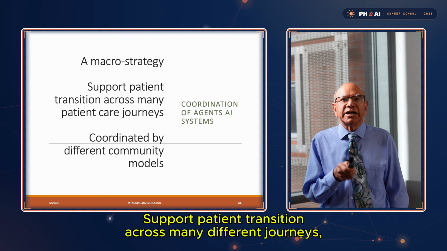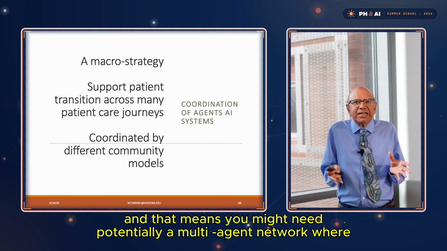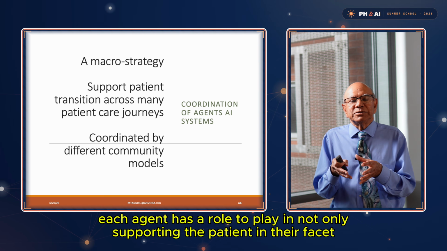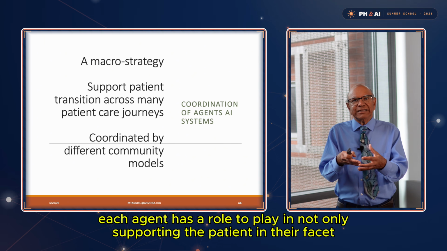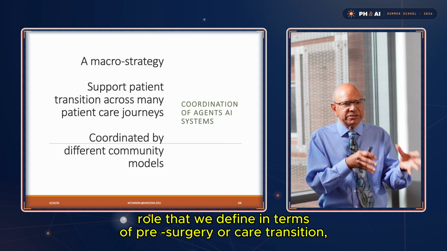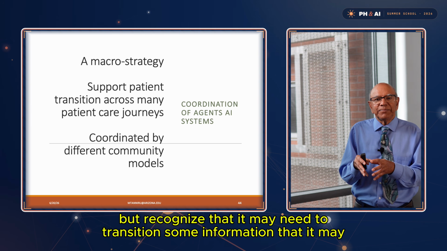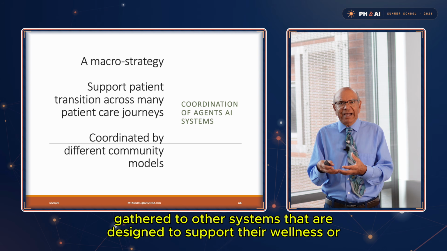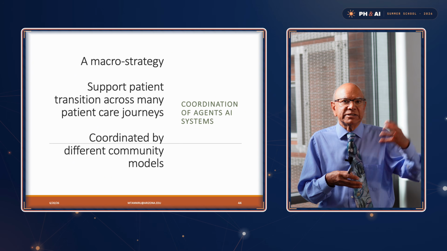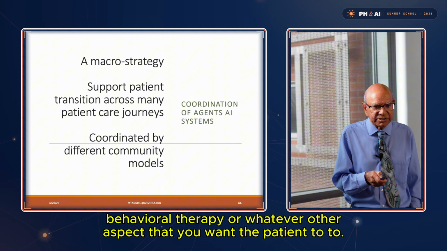Support patient transition across many different journeys. And that means you might potentially need a multi-agent network where each agent has a role to play in not only supporting the patient in their facet or in their area of role that we define, in terms of pre-surgery or care transition, but recognizing that it may need to transition some information that it may have gathered to other systems that are designed to support their wellness or their behavioral therapy or whatever other aspect you want the patient to transition to.